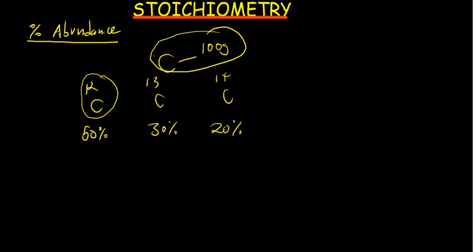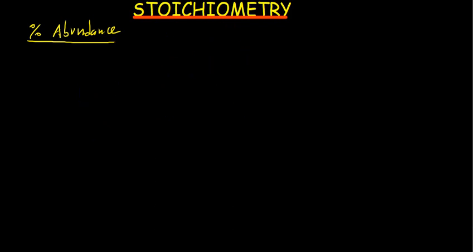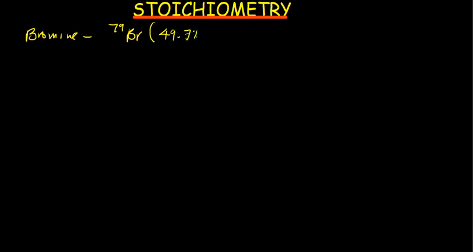So now that we know what percentage abundance is, we can look at calculating relative atomic masses. For example, let's talk of bromine. You are going to find bromine in the form of isotopes. There is bromine 79, and the percentage abundance when you just pick it at random is 49.7%.